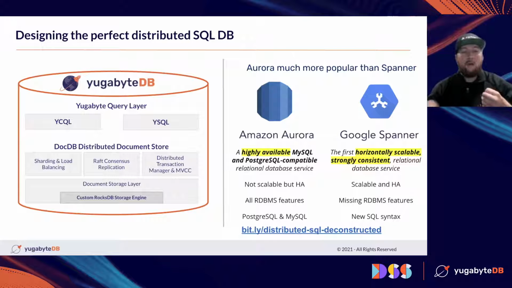So how we design this database is right what you see here. On the left, we have the high-level overview of how Yugabyte is built. On the top, we have a pluggable query layer where you can see 2 different APIs. The first is our YSQL API, which is a feature-compatible Postgres API. What we decided was that instead of reinventing the wheel here, let's take a well-known database technology and take the top half of its query layer and integrate that with Yugabyte.